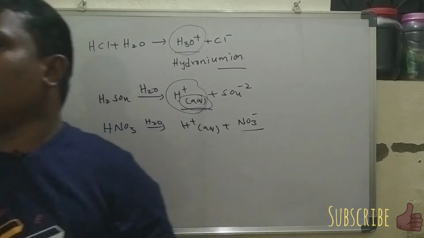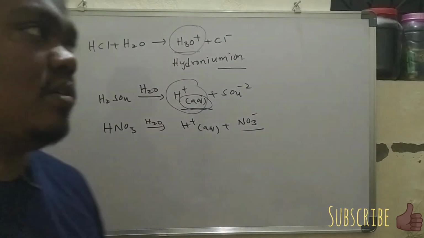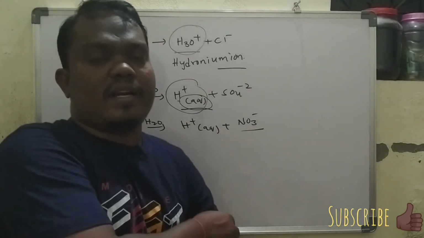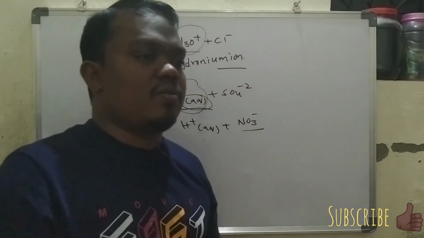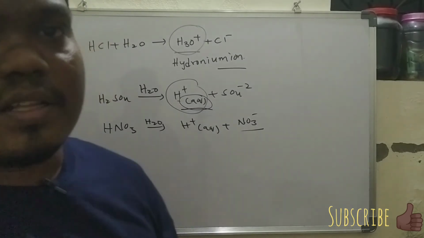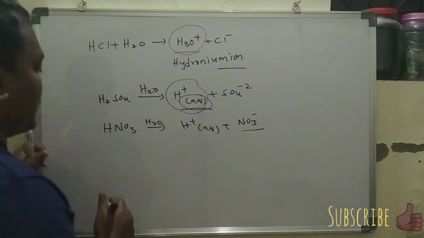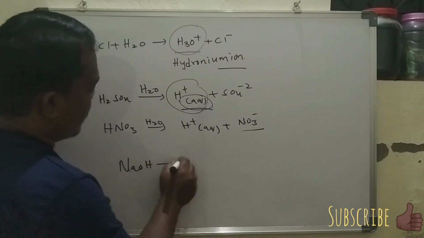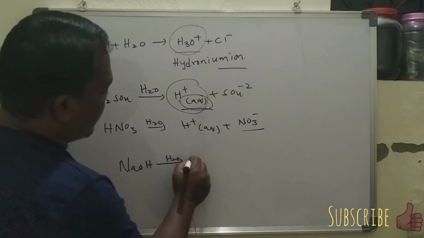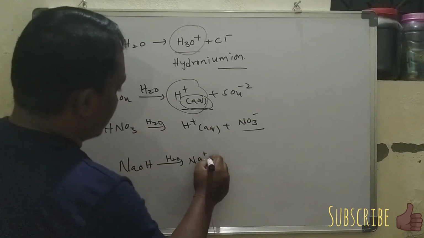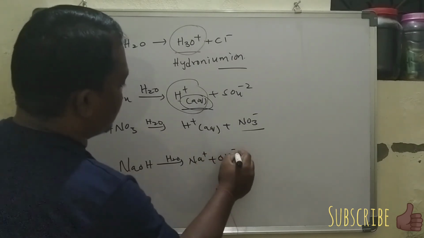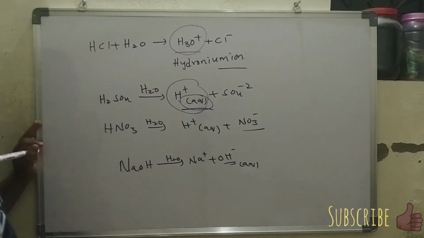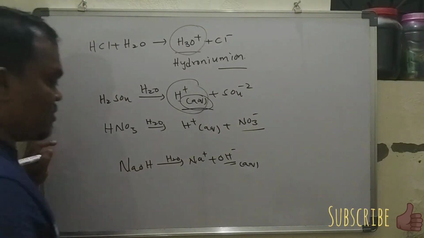Like acids, we already discussed that bases give us hydroxyl ions in the presence of water itself. Let me write one example here. NaOH gives Na plus plus OH minus, in the presence of water, aqueous.